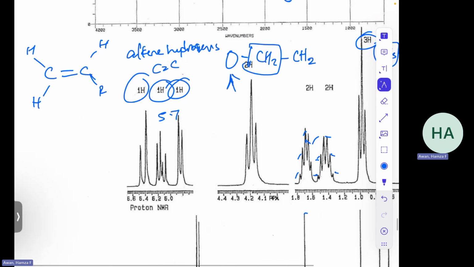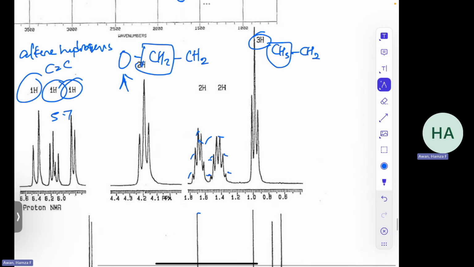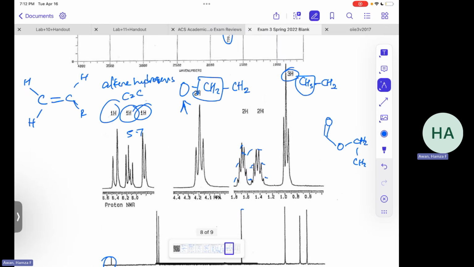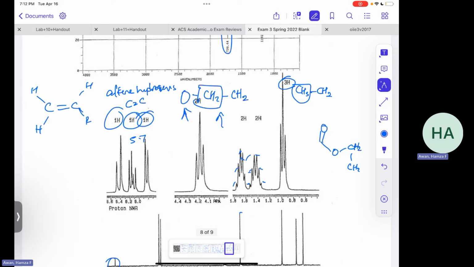So to put it together, we know we have an ester that's going to be formed like this, the carbon right here, and then this is going to be O-CH2 CH2, and then something along those lines from this peak.